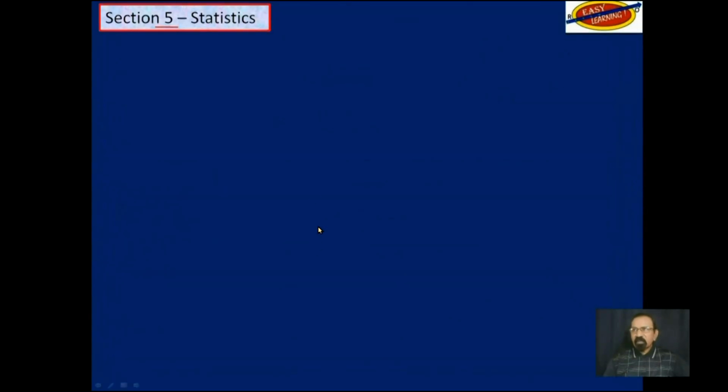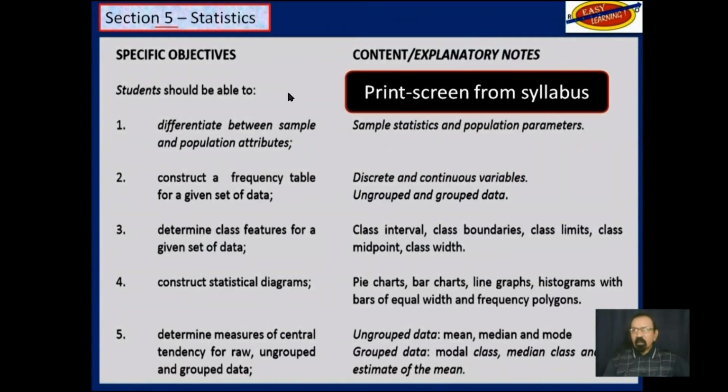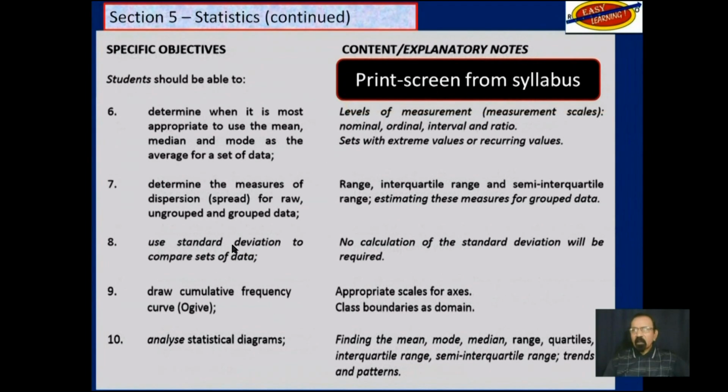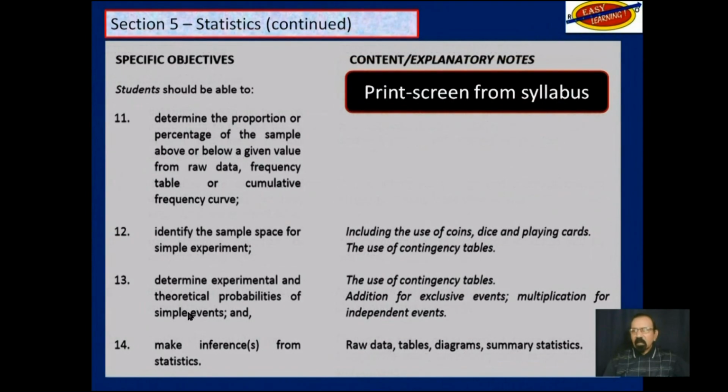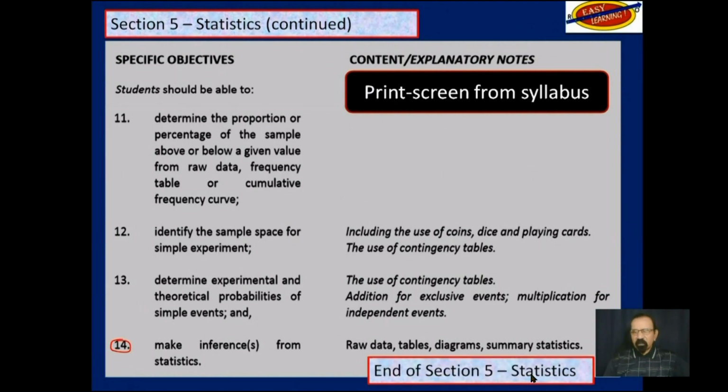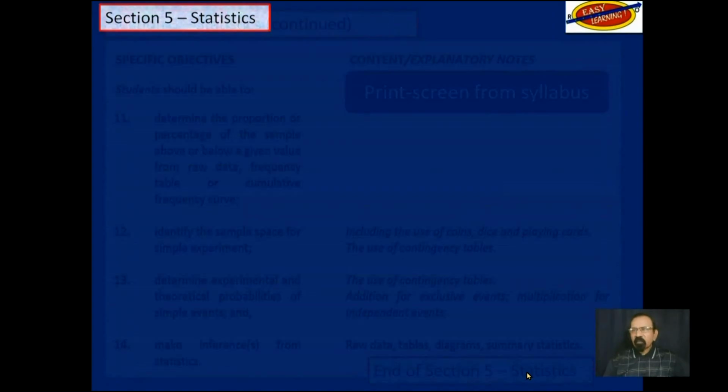So section 5, statistics. This is a print screen of the first page. And then the second page goes up to objective 10. And the third page up to objective 14. So we have 14 objectives in this section on statistics.